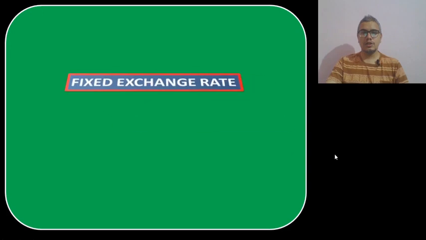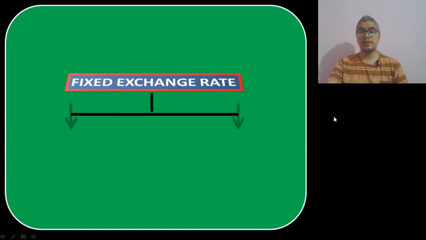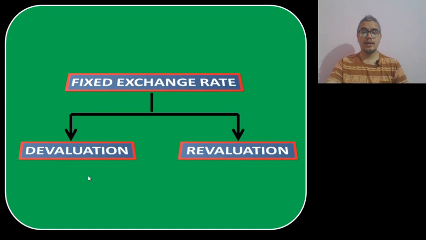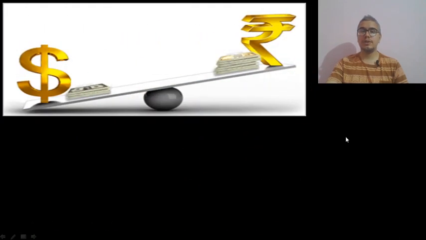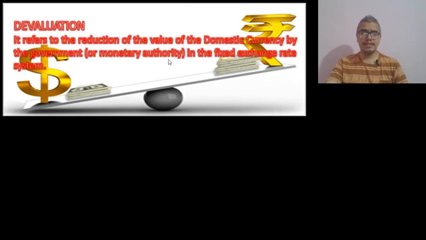Now, in case of fixed exchange rate, the changes that take place can happen in two ways, that is either devaluation or revaluation. Now, what do we mean by devaluation? Devaluation means the decrease or reduction in the value of domestic currency.